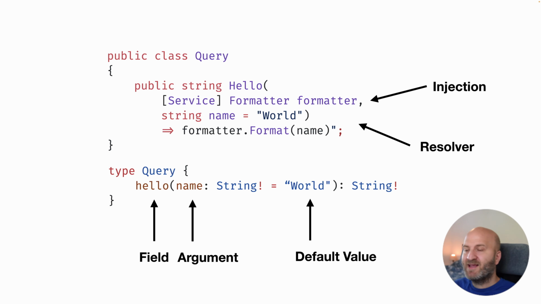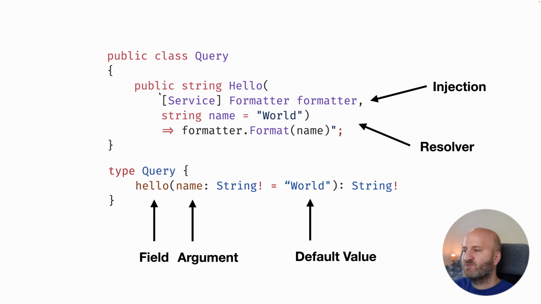But there are special arguments in our resolvers, like this service argument here, that are not inferred into the GraphQL type, because they are not meant to be part of the type. They are services or special state objects that we use to implement the resolver functionality.